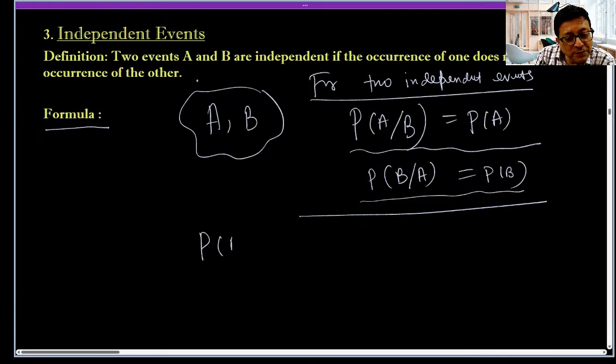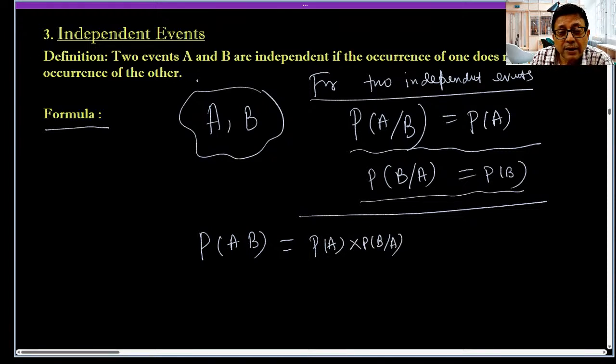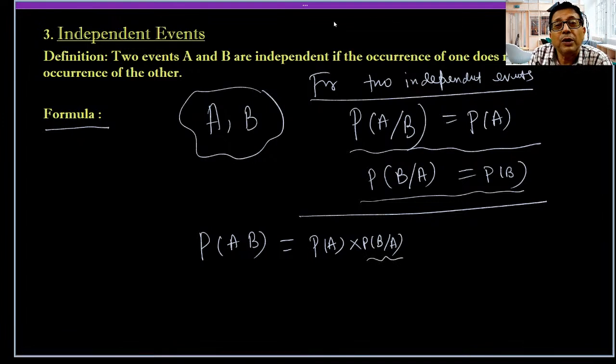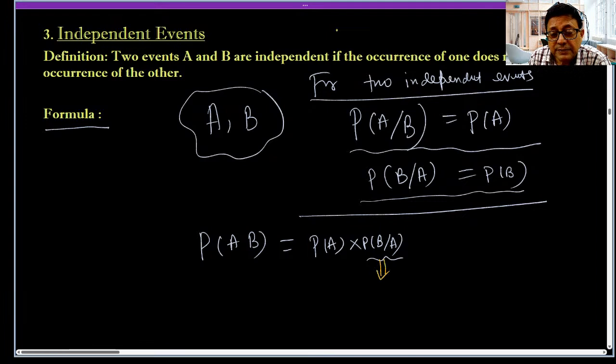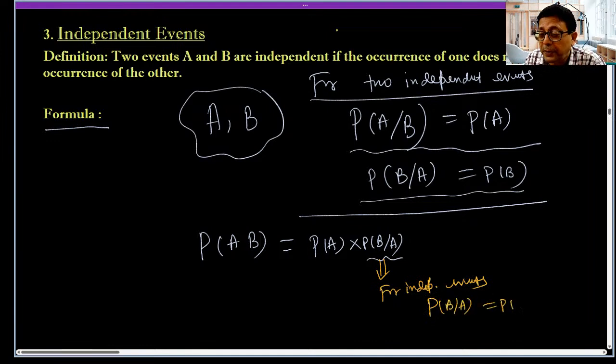Now we know the formula of the product rule. P(AB) is what? P(A) into P(B|A). But for independent events, what have we got? For independent events, you got P(B|A) equal to P(B).